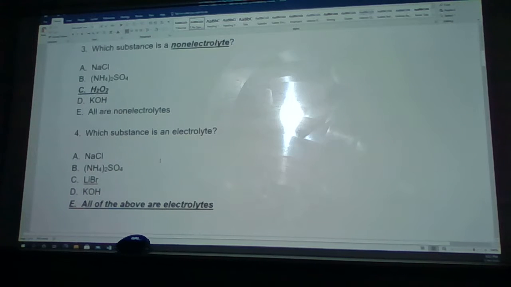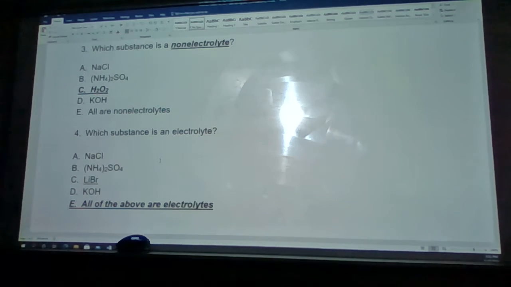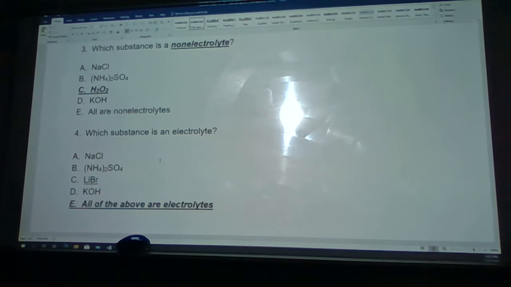Number 3, which of the substances is a non-electrolyte? Those materials that bust up into cations and anions, therefore ionic compounds, are electrolytes. And ionic compounds are those things that have either a metal and a nonmetal, or cations and anions. So NaCl busts up into the sodium cation and the chloride anion.